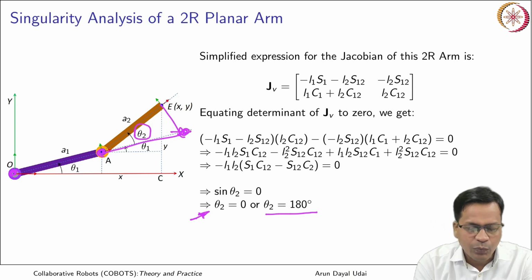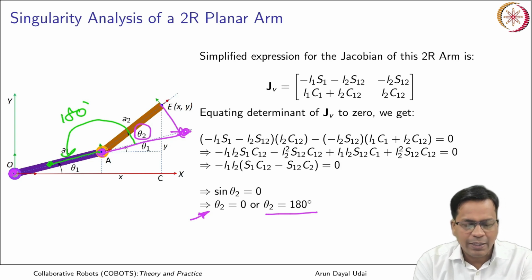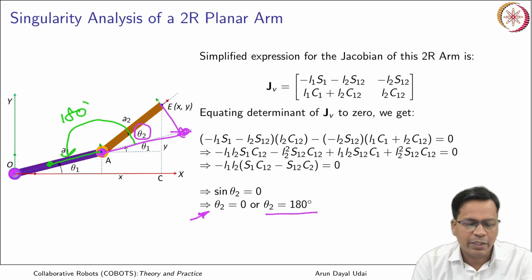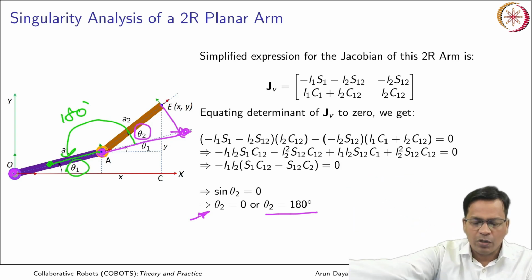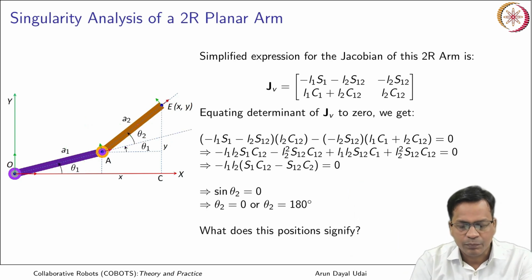And when it is infolded, theta 2 equal to 180 degree, it is fully infolded, the second link comes here, again it is singular. So these are the two physical conditions in which it is having singularity. It is not depending on theta 1, you see. So anywhere where it is finding the boundary, everywhere it is going singular. Okay, so these are the significance of these two solutions.